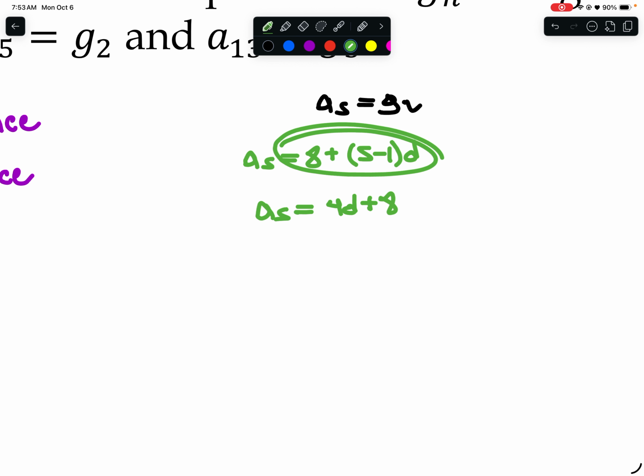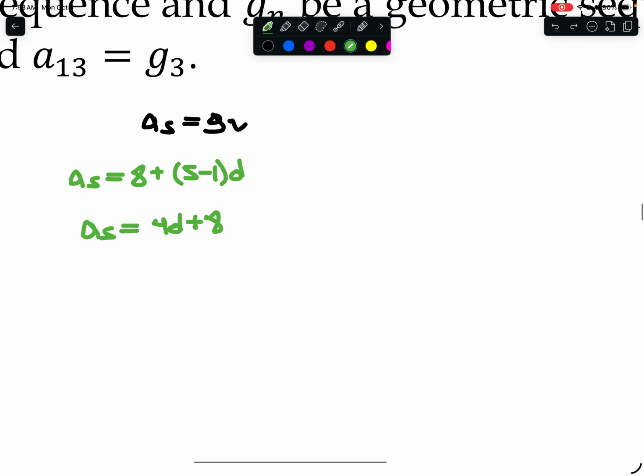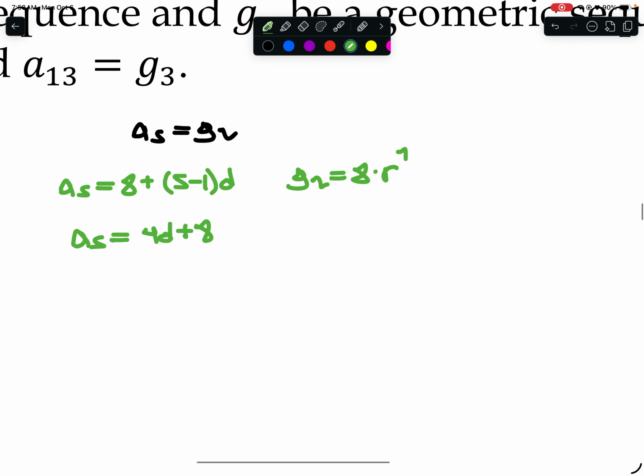And then same idea over here for g sub 2. g sub 2 is going to be equal to the first term, which is 8, times my common ratio raised to the n minus 1, which would be 2 minus 1, which in this case is just 1. So g sub 2 is equal to 8r.